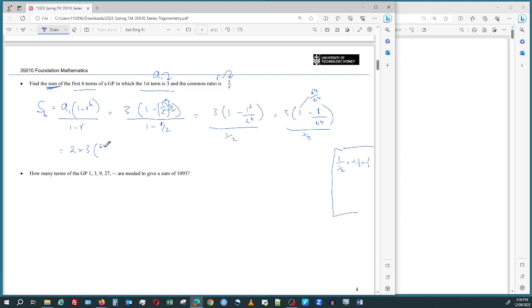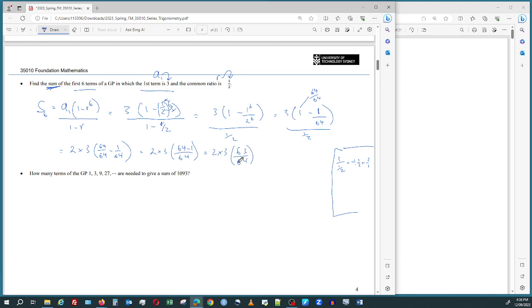We get 64 over 64, same family. Working beautifully. So 2 times 3 and 64 minus 1 is 2 times 3, 63 over 64.